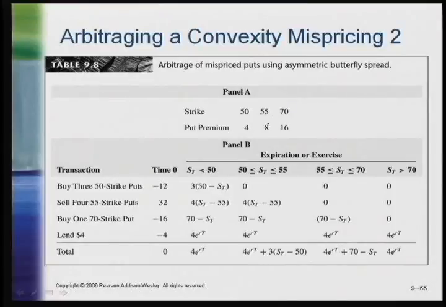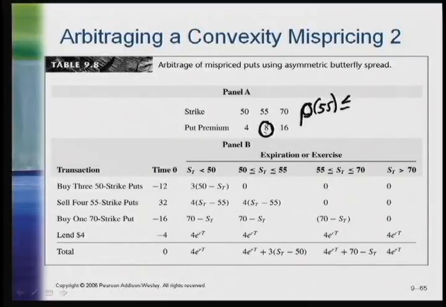This is another example where we have a mispricing. On the second convexity mispricing, for a put, we can look at this price of 8 and again determine that it's too high. How would we do that? Well, the price of the 55 put should be no bigger than, I need a weight on 4 and a weight on 16.